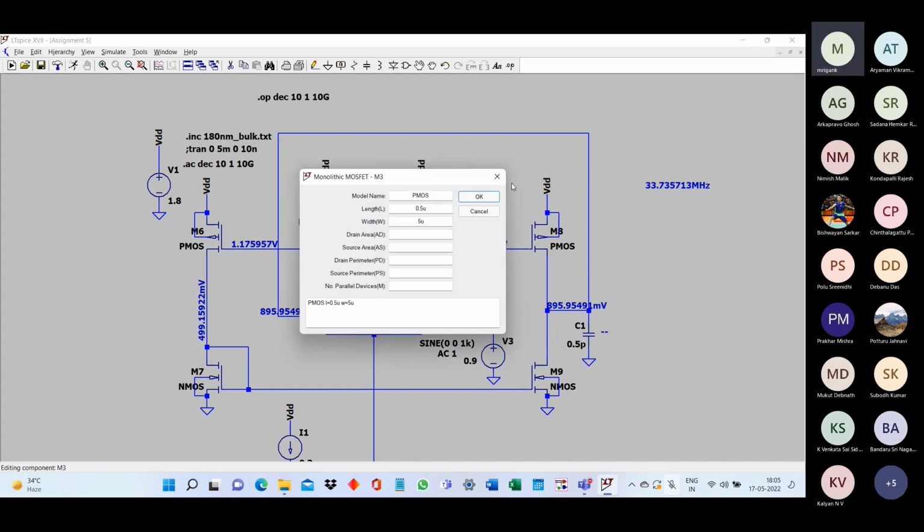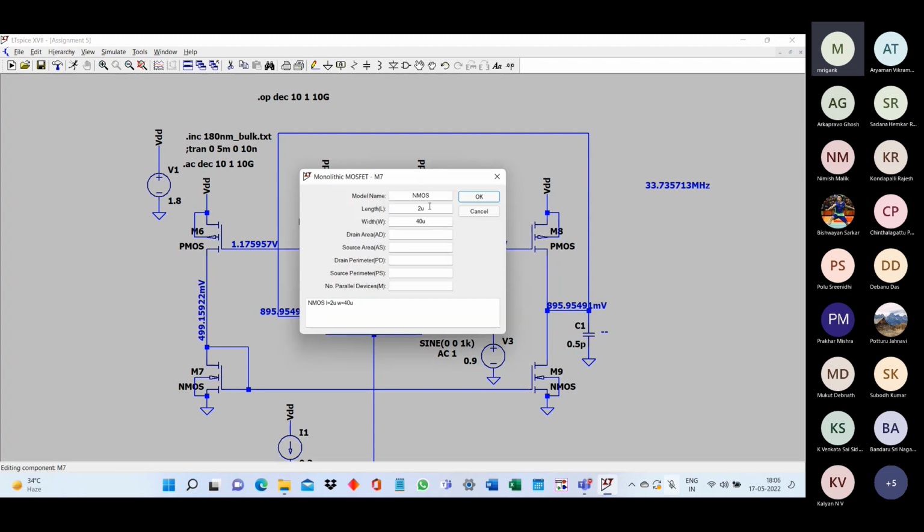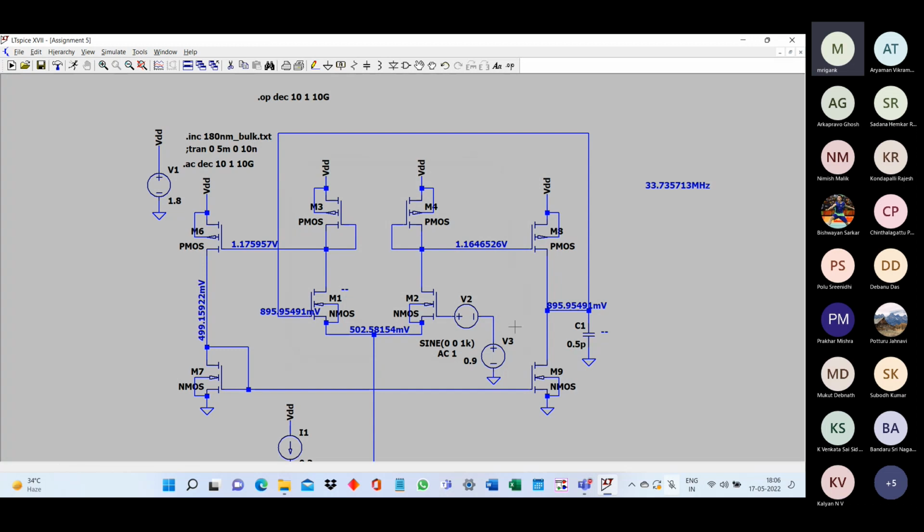So that we have to see. The other mirroring point is between M7 and M9. So again, the ratio of M7 M9 also, if your M9 is much smaller than M7, again the small signal current in M9 will reduce. Therefore, the overall gain will also reduce.